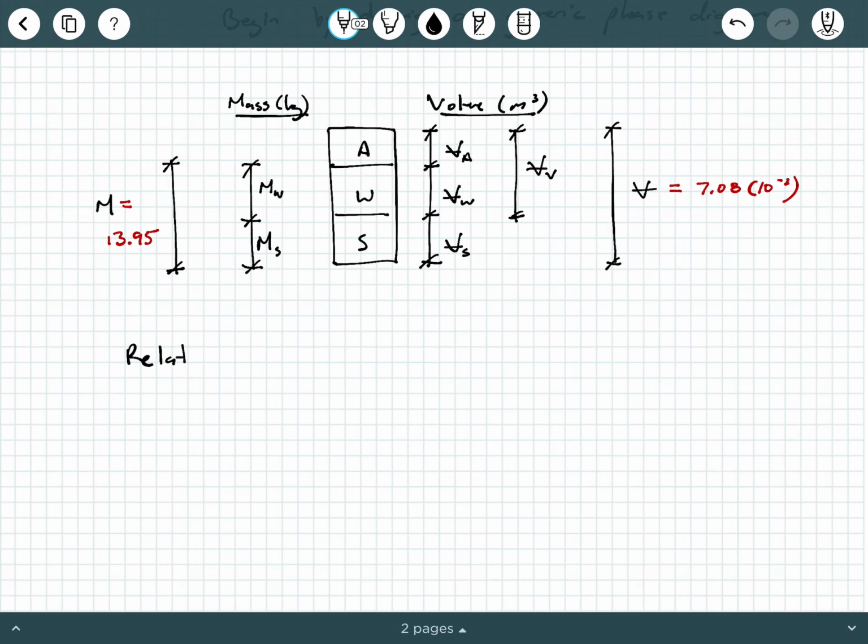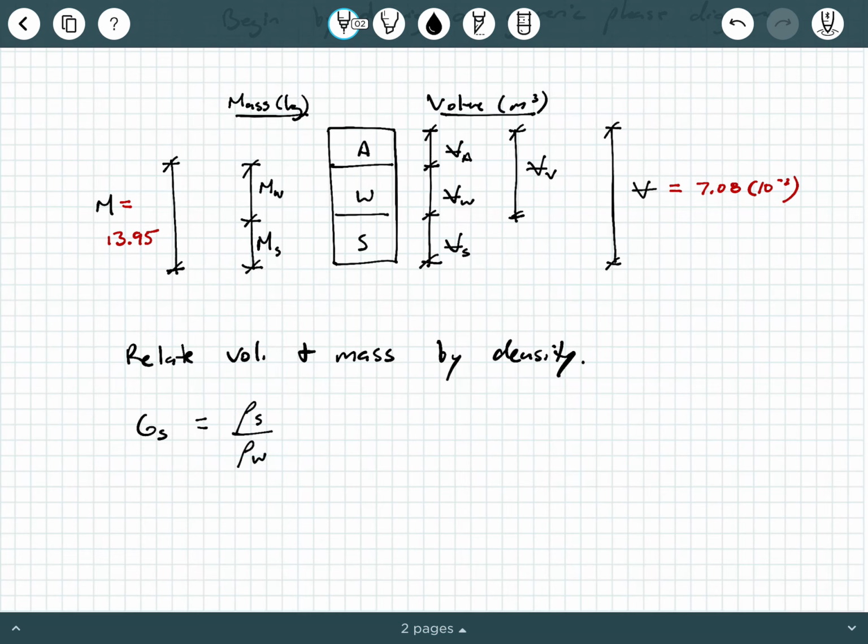We're going to relate volume and mass by density values. Let's see what we can come up with. Let's first start with the specific gravity of soil solids, which is the density of soil solids divided by the density of water.